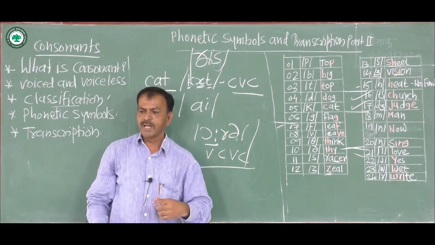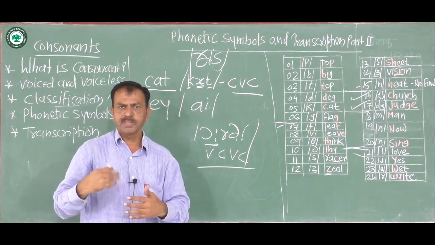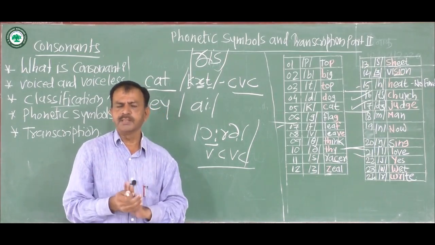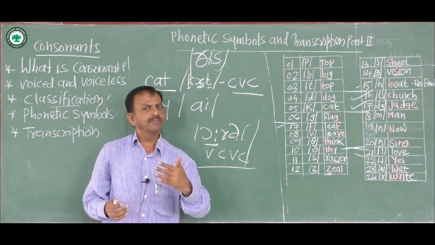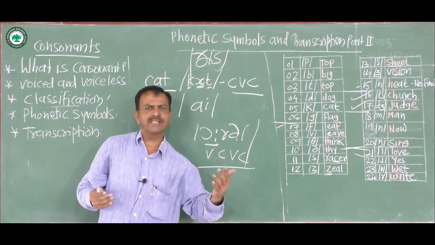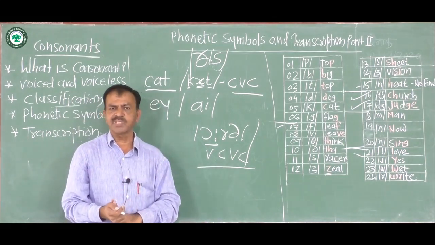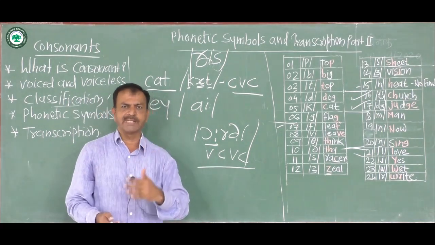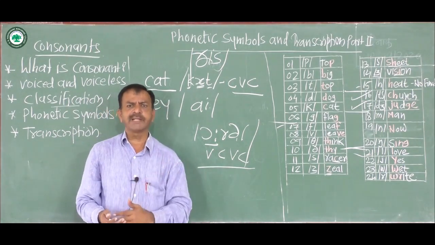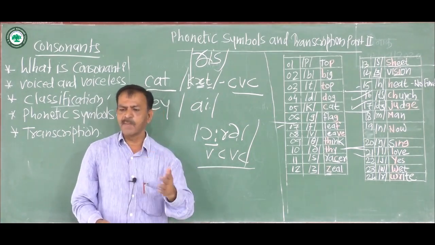Sometimes you hear how people pronounce words, and if you check them in the dictionary, you will find a different pronunciation. For example, market. It is not pronounced the common way, it is market.